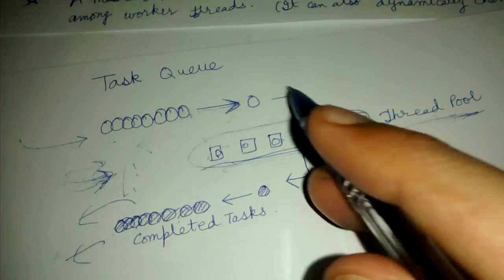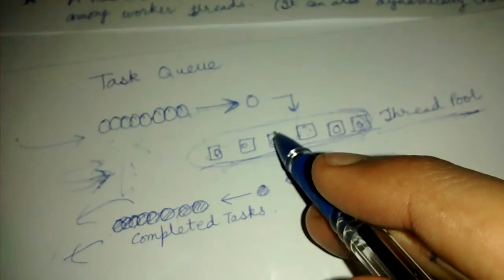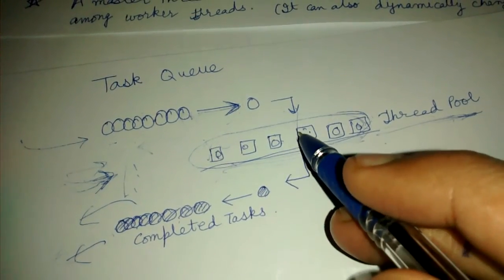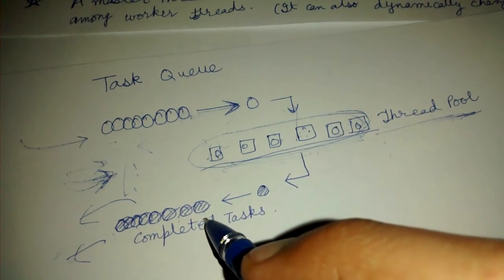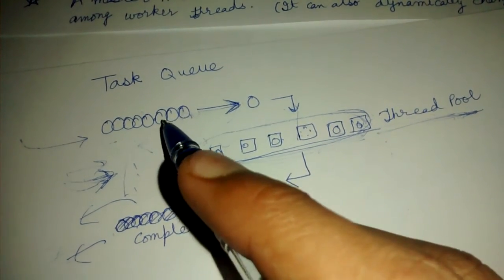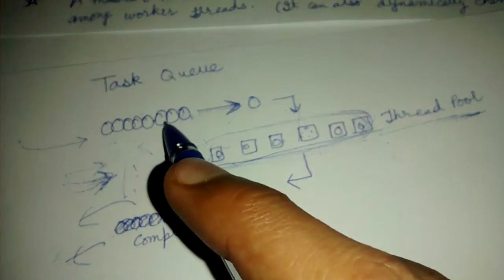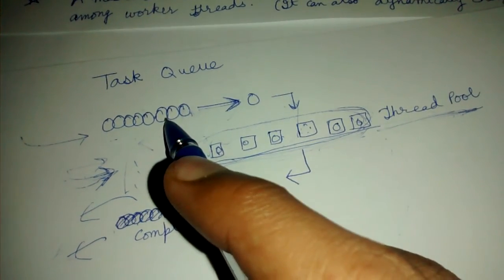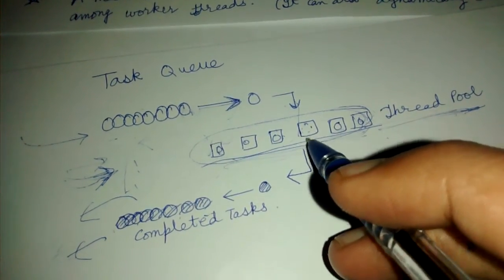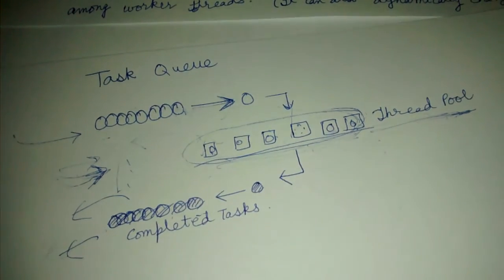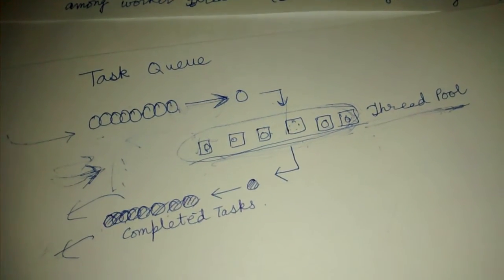So they just focus on picking up one task from the task queue, executing it, pushing it to the completed task queue. Again, I get free. If I find one more task in task queue, unfinished task, I take it, execute it, and push into the completed task queue. So their job is just that.